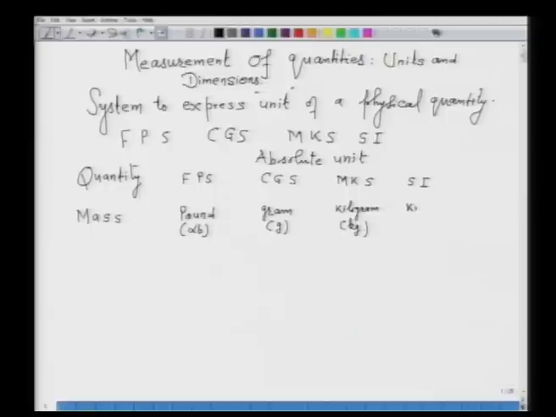In SI system also it is expressed as kilogram, kg. Another fundamental unit is for the quantity length. In FPS system it is expressed in feet or foot, shortly written as ft. Here it is in centimeter, here it is in meter, and SI units also in meter. Third is the time.